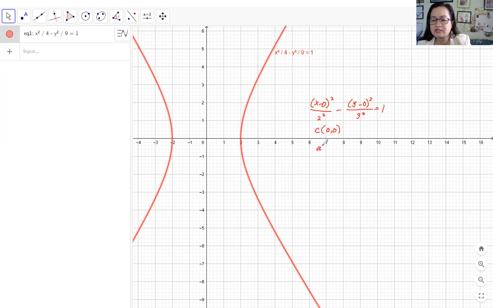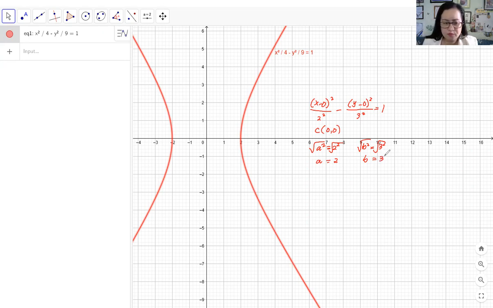How did we get that? We can equate a squared equal to 2 squared, then extract the square roots of both sides, and we will have positive 2. For b, we will have b squared equals 3 squared. Then we extract the square root of both sides, so we have b equals 3.